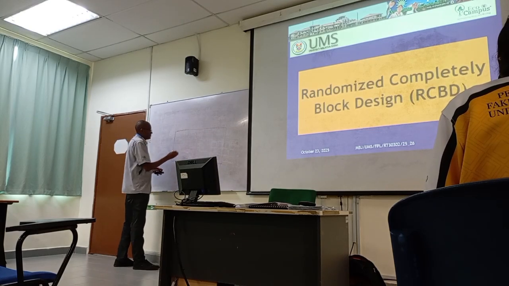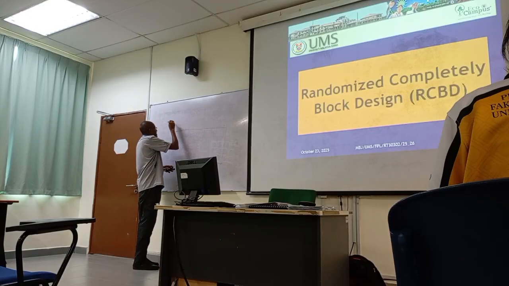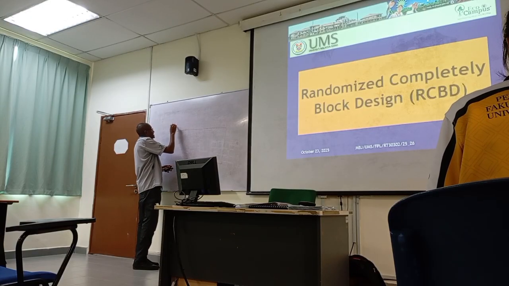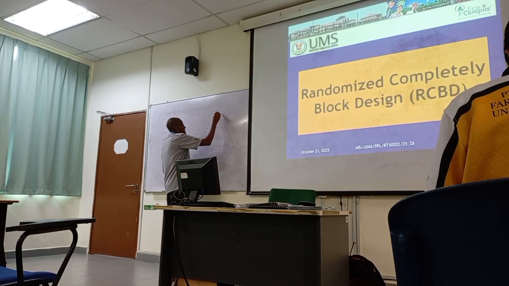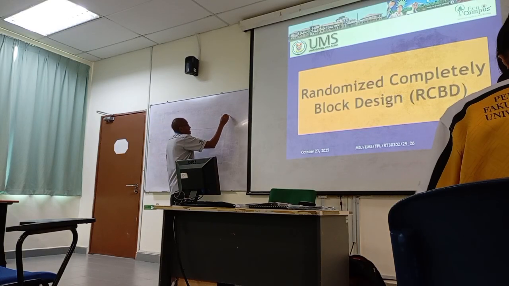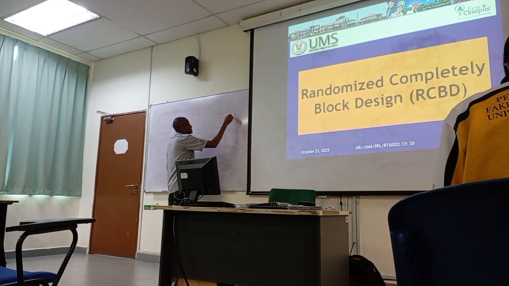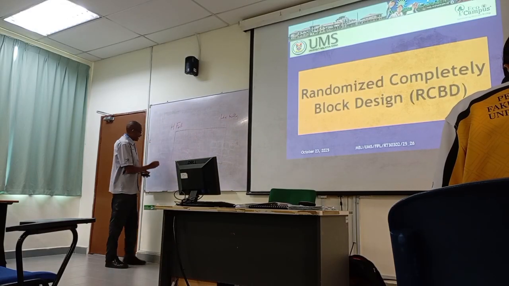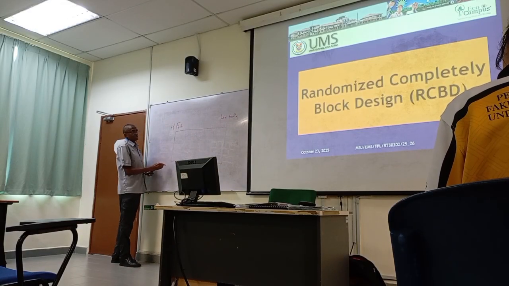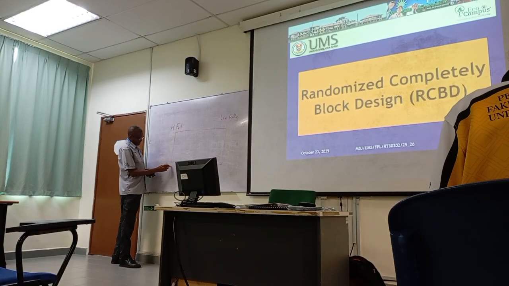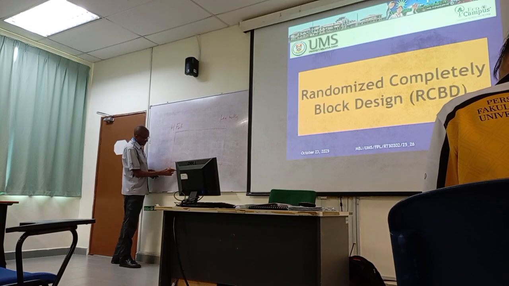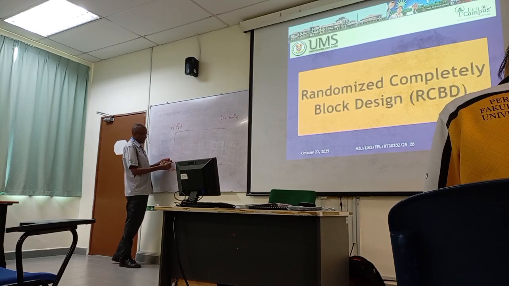Let's say I have a field here. This section of the field is high fertility. The soil here is high fertility. And then this side of the field is low fertility. Or this side of the field is what we call poor drainage. Poor drainage means the soil is holding a lot of water, easy to get flooded.